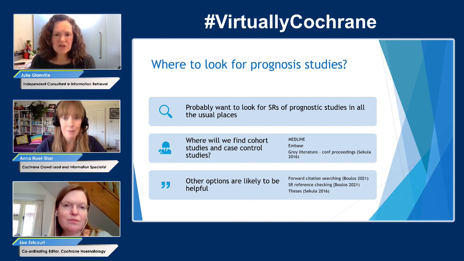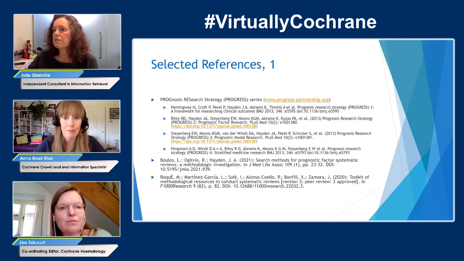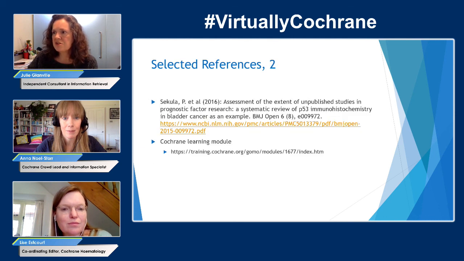Other options that researchers suggested include, as Anna and Lise have mentioned, forward citation searching, systematic review reference checking, and theses as well. So there are some references on the slides as well.